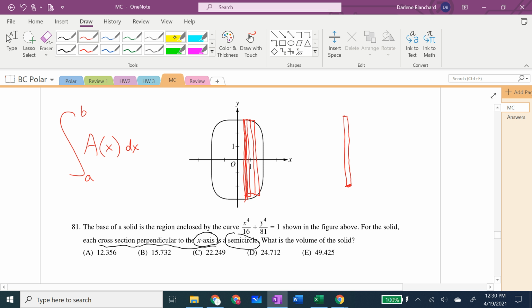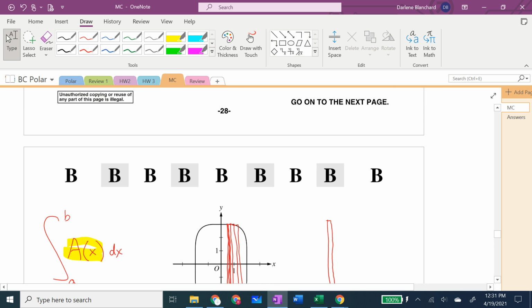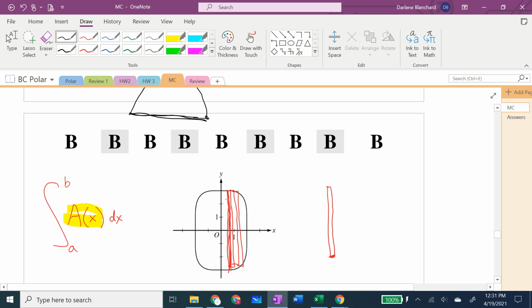The next thing that I'm looking for is, what is this area formula? They told you semicircle. So either you remember how to deal with a semicircle, or you think about the geometry of semicircle. The diameter of that semicircle is this vertical distance.